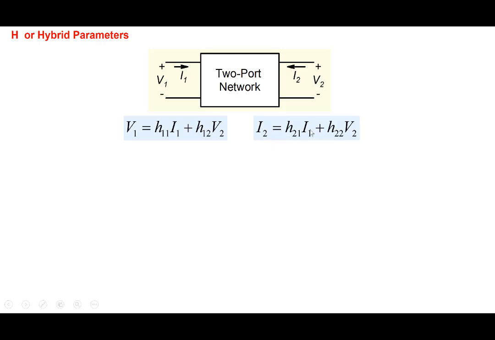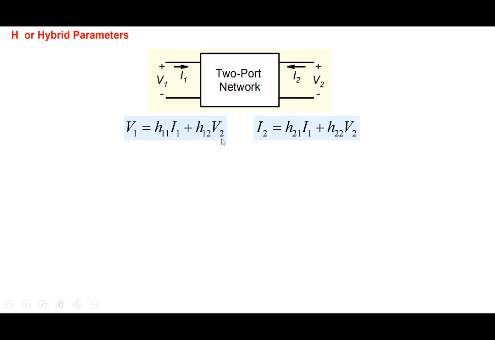We call them hybrid parameters because we have mixed up independent variables, current and voltage. In the previous cases, the independent variables were either both currents in case of Z parameters or both voltages in case of Y parameters. In this case now, we have mixed the two, and so these are called hybrid parameters here.